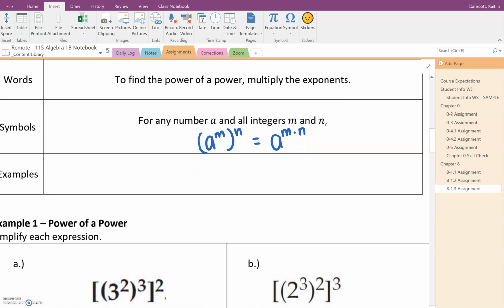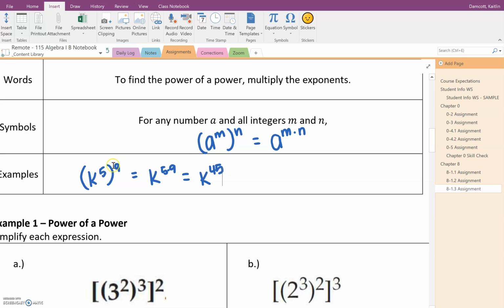A good example of this would be if we had k to the 5th power raised to the 9th power. We keep our base, we multiply 5 times 9, and the result is going to be k to the 45th.